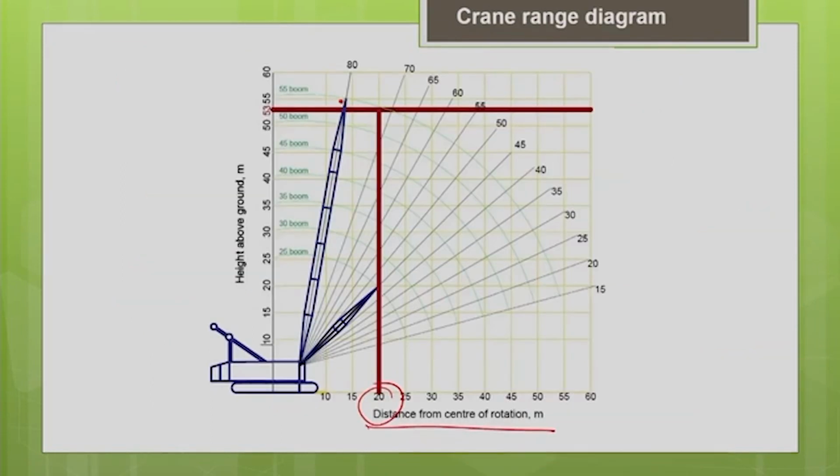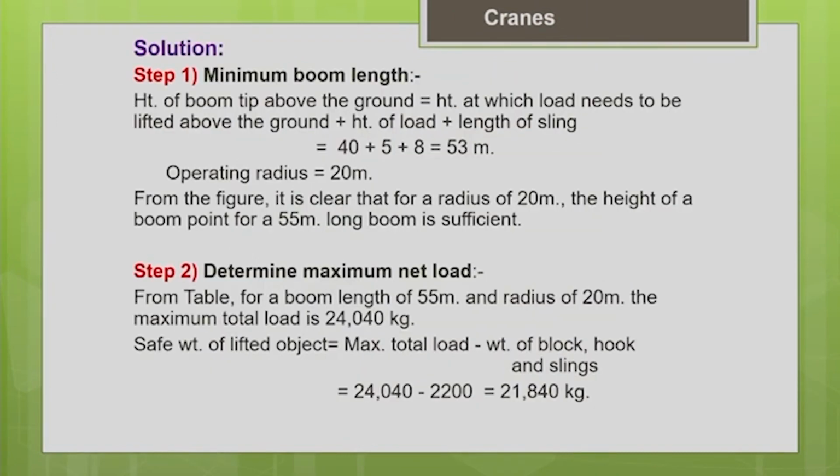For the height of boom tip of 53 meters and the horizontal distance of 20 meters, what is the boom length needed? The intersection point is closest to a boom length of 55 meters. So, the boom length chosen is 55 meters.